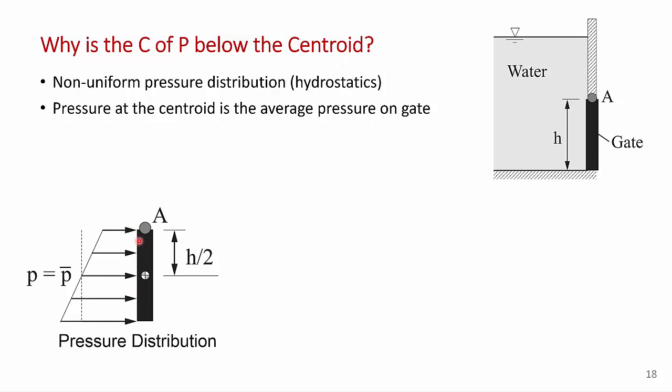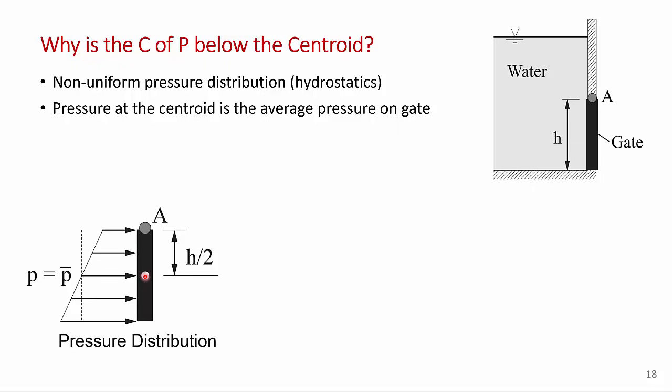You've got a clockwise moment caused by this part of the pressure distribution, but it's going to be a lot less than the counterclockwise moment of the lower part of the pressure distribution. So the net moment of this ramped pressure distribution around the centroid is going to be counterclockwise.